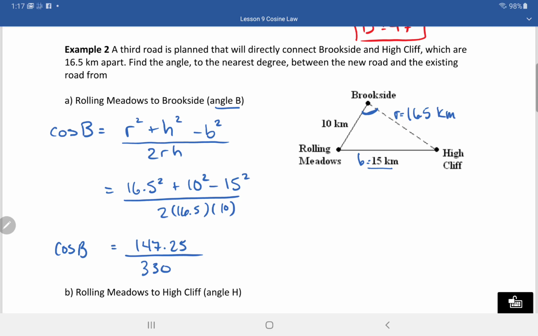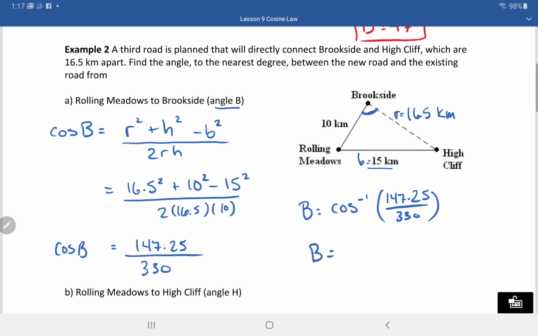And then we are getting rid of cos, so we're going to do the cos inverse of this fraction. So there's a couple ways you can do it. You can go straight to doing the cos inverse and type in that fraction. Or if you prefer, you can divide the fraction first and then find the cos inverse.